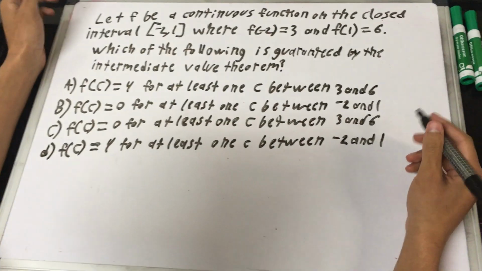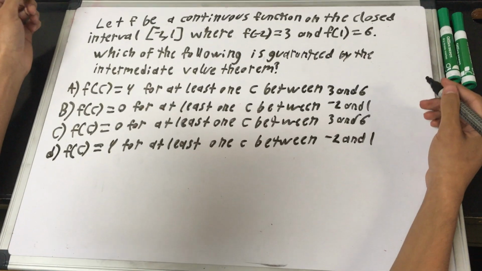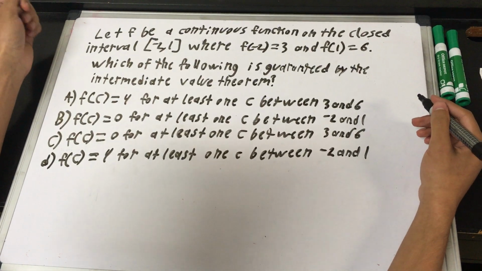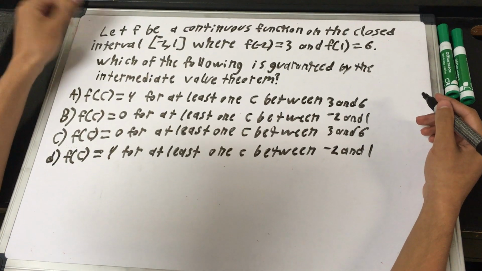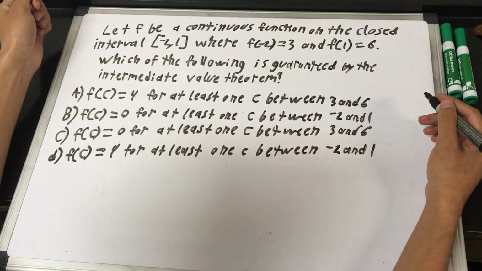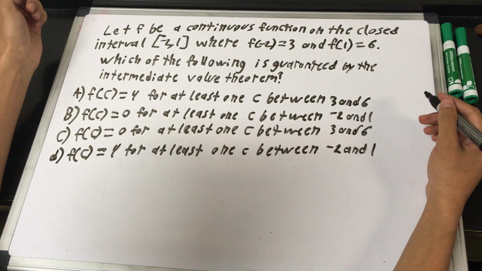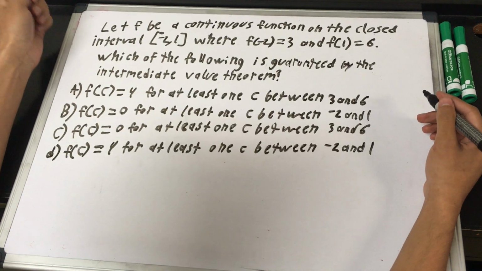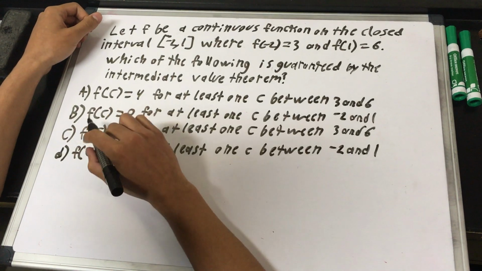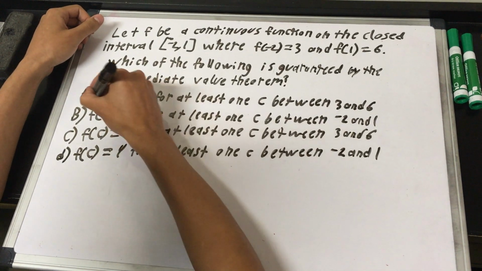Okay, so this is the problem. Let's reread the problem one more time. Let f be a continuous function on the closed interval [-2, 1], where f of -2 equals 3 and f of 1 equals 6. Which of the following is guaranteed by the intermediate value theorem? So let's start with letter A. f of c equals 4.